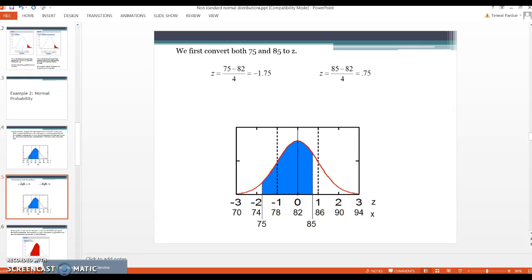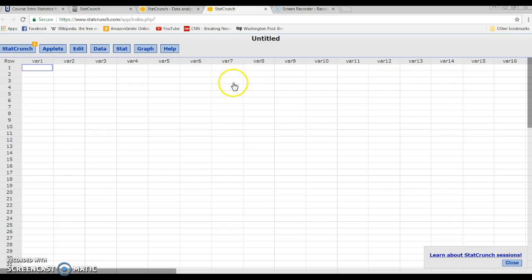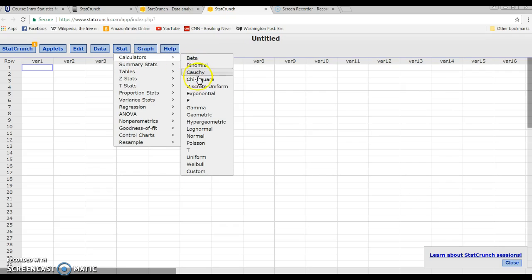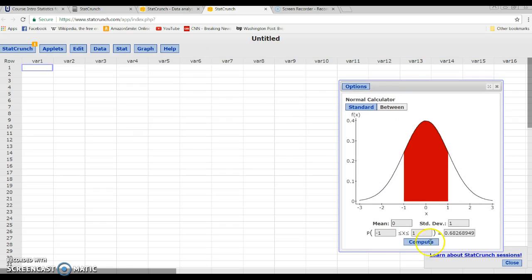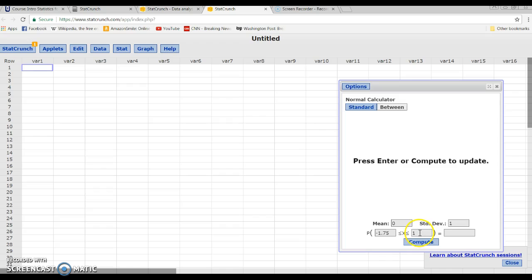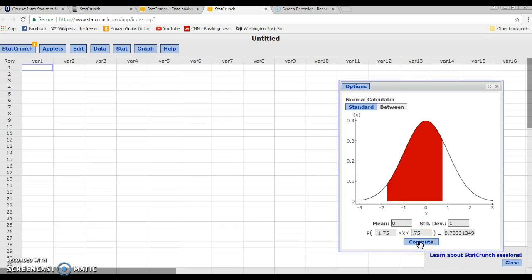So we're going to go to StatCrunch and find, for the standard normal, the area between negative 1.75 and 0.75. Hit compute, and that tells us that the answer is 0.7333.